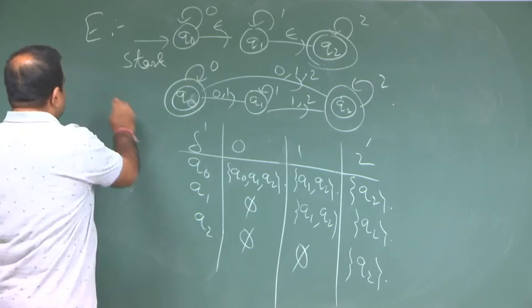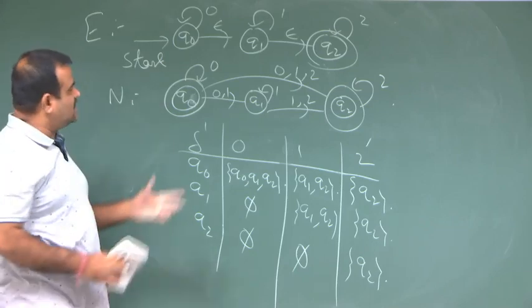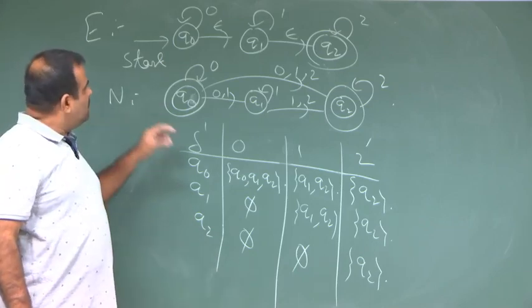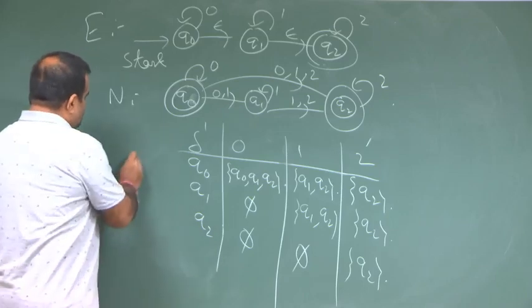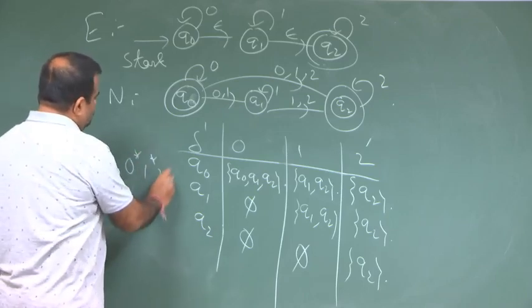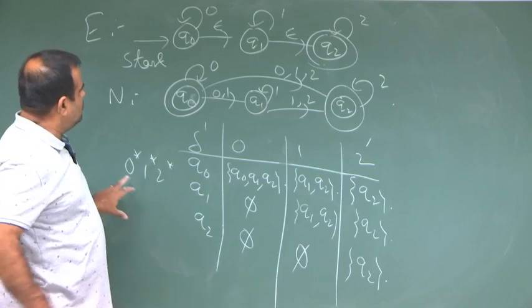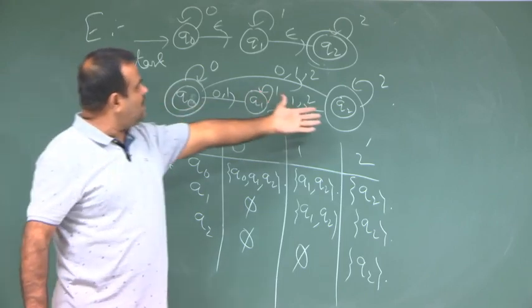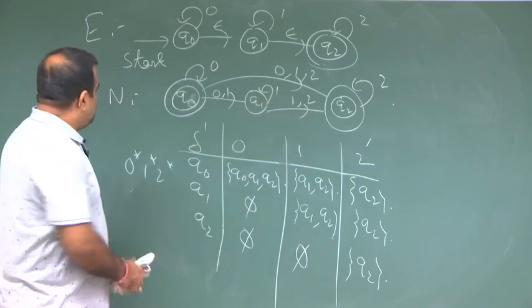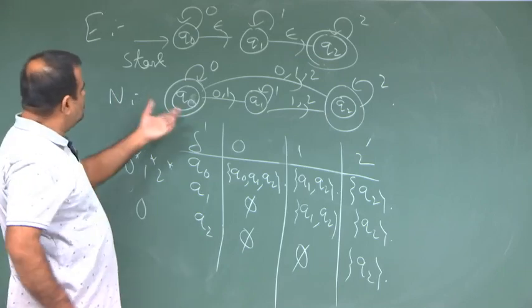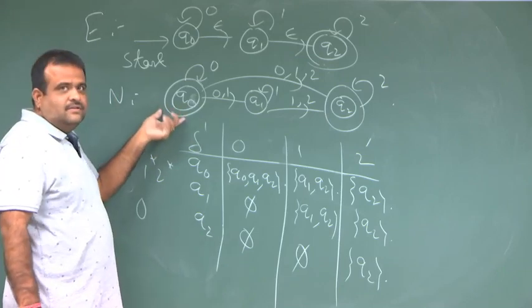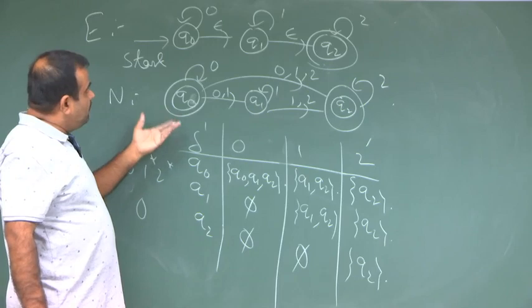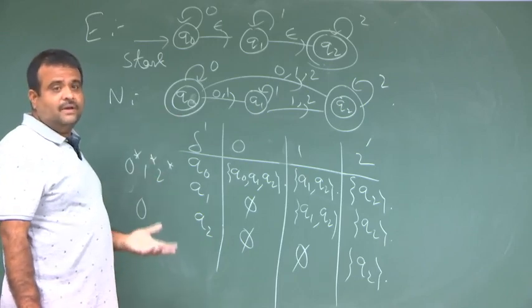NFA. This is our corresponding NFA, and it is accepting the same language, because if you take 0 star, 1 star, 2 star, any number of zeros will reach the final state. Even if we have only 0 as input, it is already a final state. It remains there, because here we do not have an epsilon move.